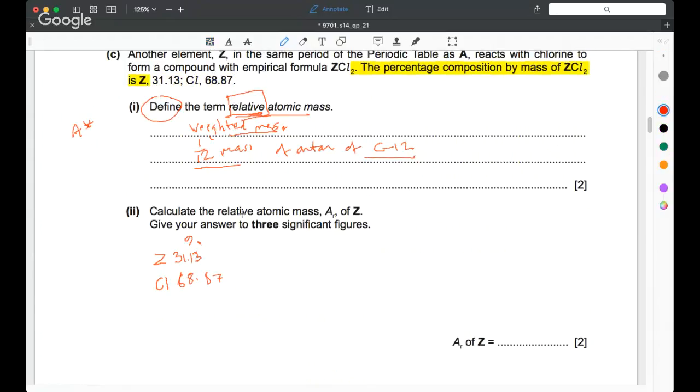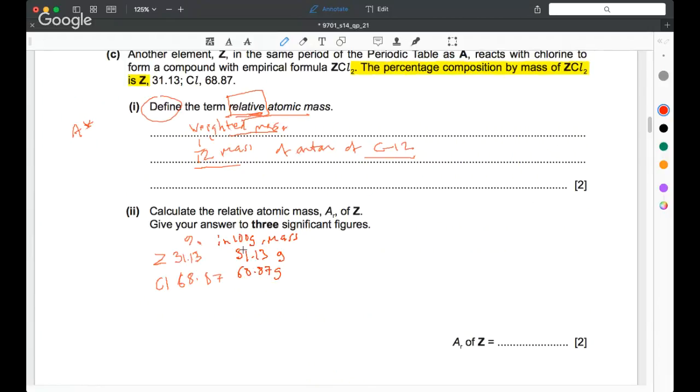Good. All right, now I'm going to go through this in quite a lot of detail just to make sure we don't leave any stone unturned. When you've got this percentage, that means in 100 grams, your mass of Z, which we don't know, and chlorine, this is a bit pedantic, would be a mass of 31.13 grams and 68.87 grams.